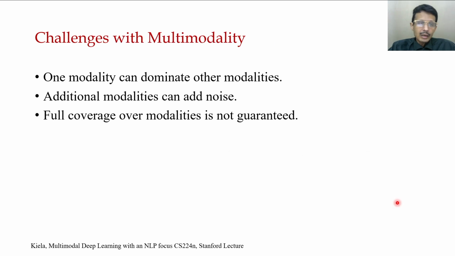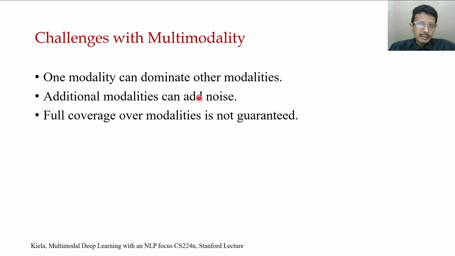Now we are going to discuss the basic challenges we are going to face when this kind of multimodal deep model is implemented or designed. One of the major things is that when we are dealing with multimodal data, one modality can dominate other modalities. Let's say for our image and text modalities, sometimes text is more prevalent over images.